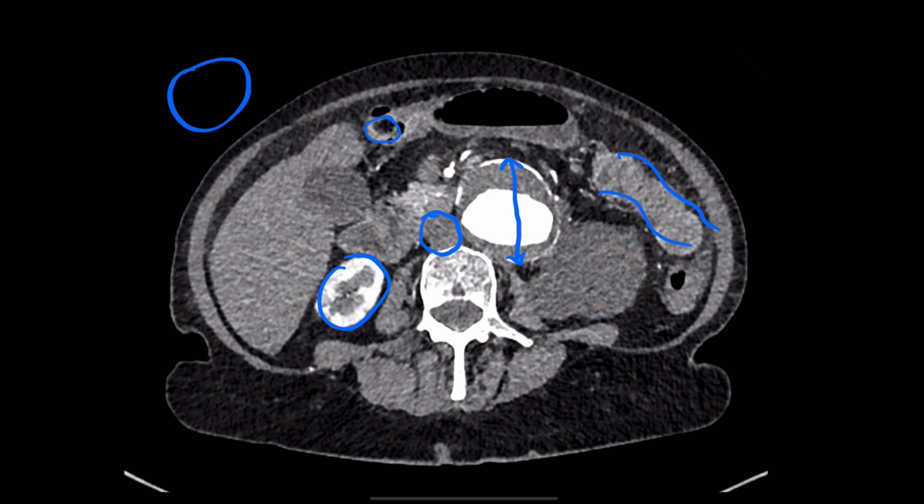Now, I know blood is not white, but that thing's full of white. It is, and this particular scan has been done in what's called an arterial phase.